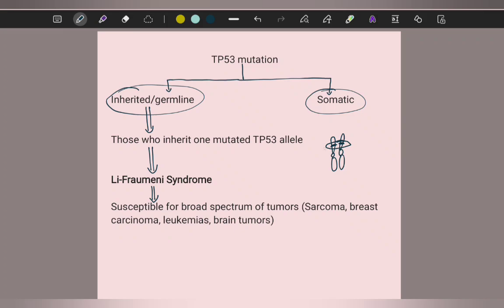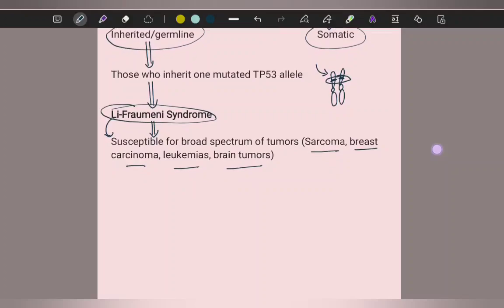So, if somebody receives a defective or mutated TP53 from either of the parents, then he or she is said to be suffering from a syndrome known as Li-Fraumeni syndrome. So, the persons suffering from this syndrome are susceptible to a broad spectrum of tumors such as sarcoma, breast carcinoma, leukemia, and brain tumors.